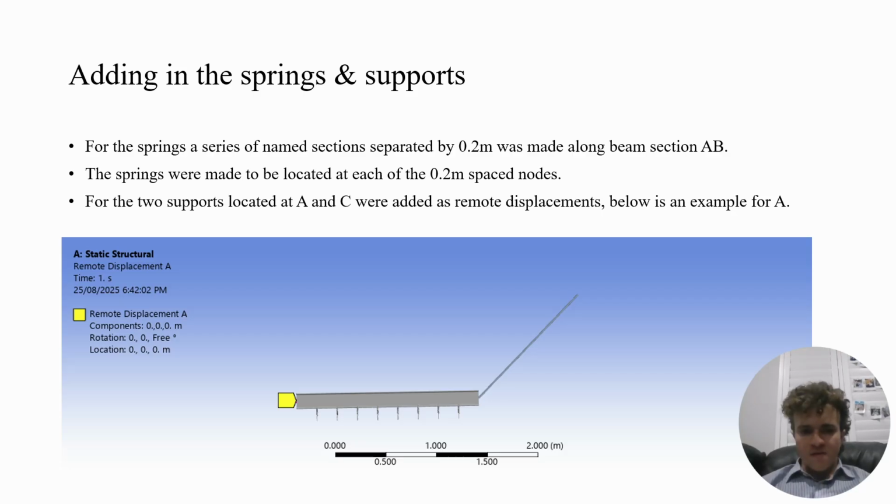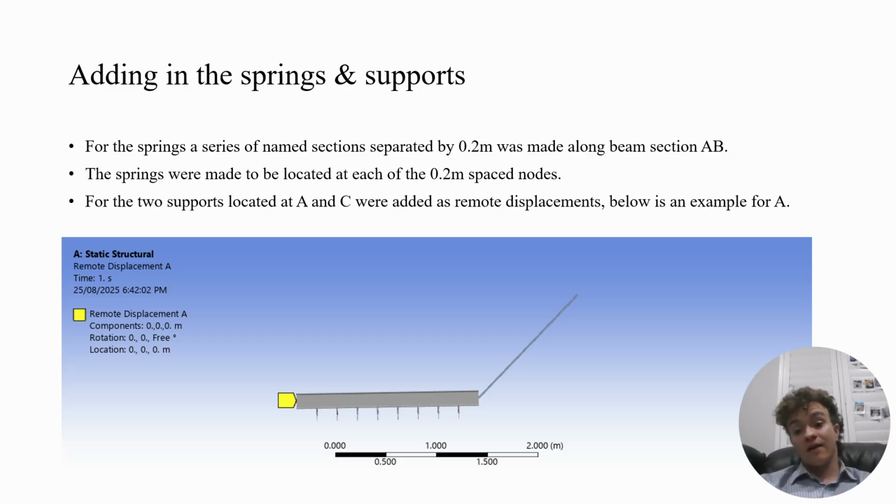As for the supports at A and C, because we are doing a hinge support, you want to constrain movement in X, Y, Z, but we only want to constrain rotation about the x-axis and also about the y-axis, and therefore we'd only allow rotation around z.